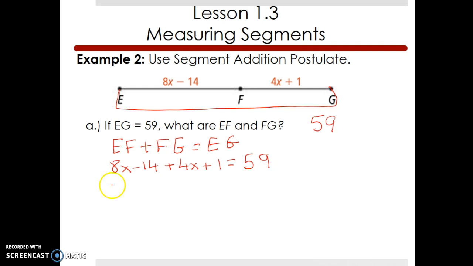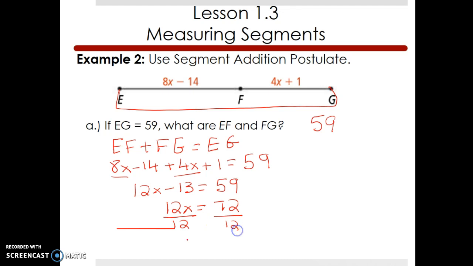When I combine my like terms, I'll get 12x minus 13 equals 59. So 12x equals 72. I'm going to add my 13, and then I'm going to divide by 12, and I get x is equal to 6. But it's not asking me for what x equals. It's asking me for what EF and FG equal.